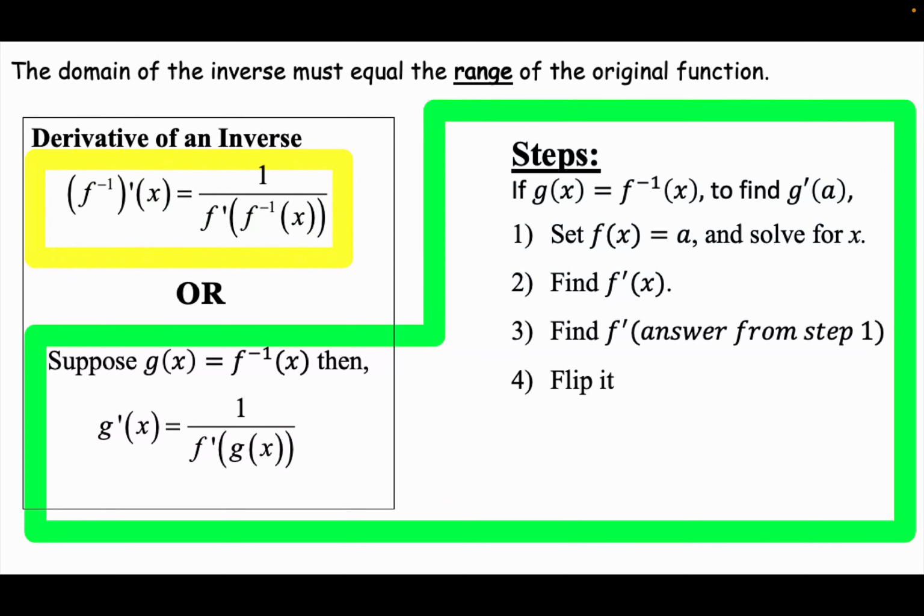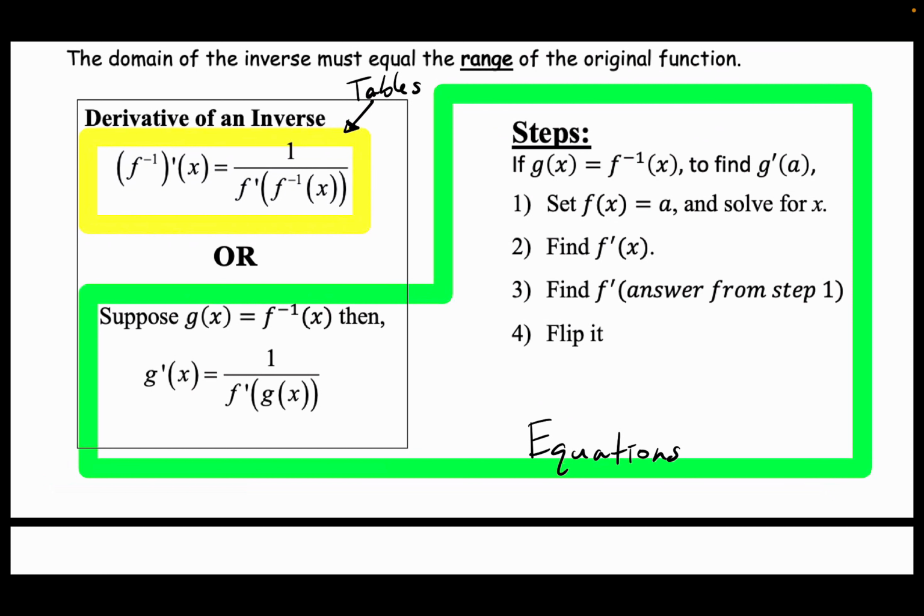If they do that, use the yellow. If they give you equations instead, use the green. Okay? So I'm not going to use the green steps if they give me a table. I'm not going to use the formula in yellow if they give me an equation. Okay? That's how to do it.